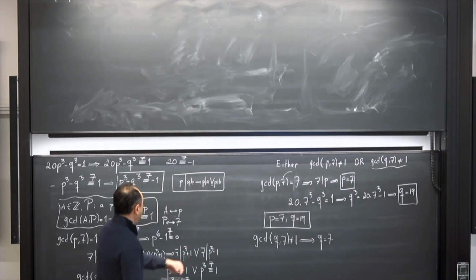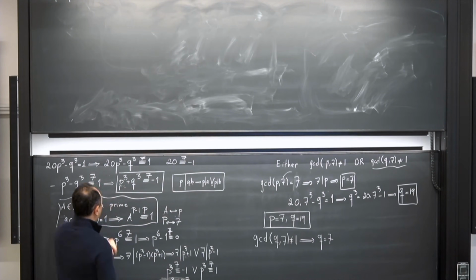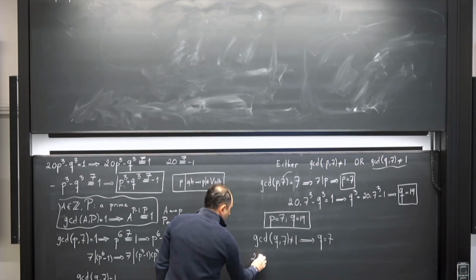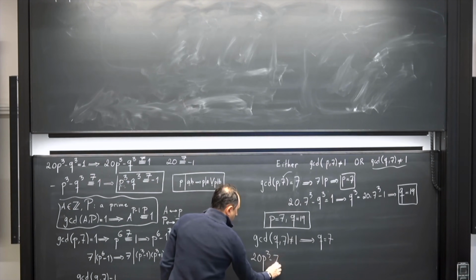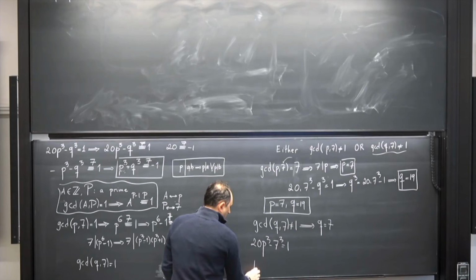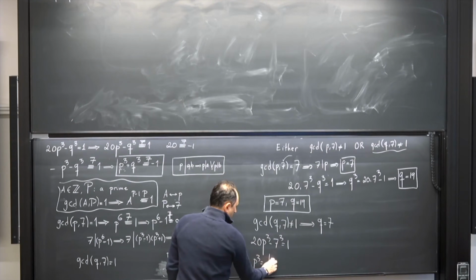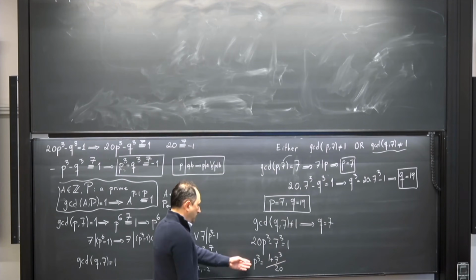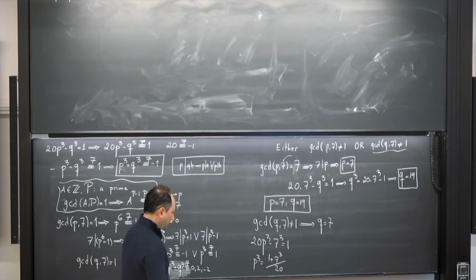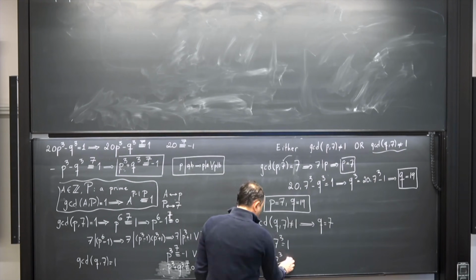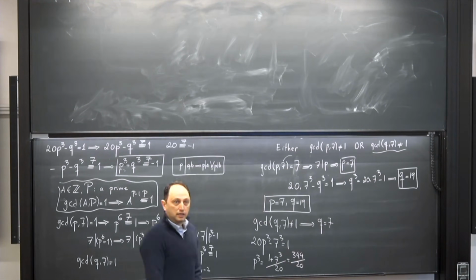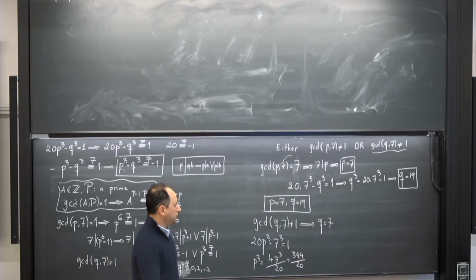But if I replace q with 7 in the original equation, so 20 p cubed minus 7 to power 3 equals 1, and if you solve for p, this becomes 1 plus 7 to power 3 divided by 20, and then you can immediately realize that this is not working, because this becomes 344 divided by 20, which is not even an integer. So there is no solution coming from it.